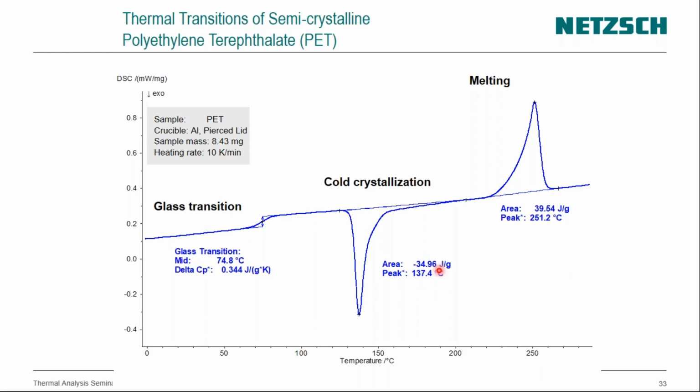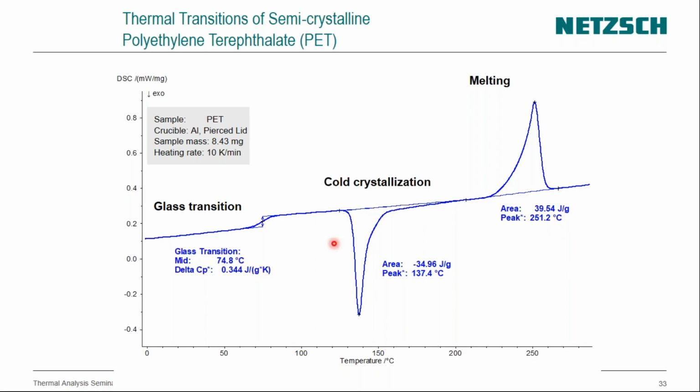It's always shown in joule per gram, the heat, the area. And then the big peak here is the melting peak, with an area of 39.5 joule per gram and a peak temperature of 251.2 degrees, which is the melting temperature we get for this polymer.